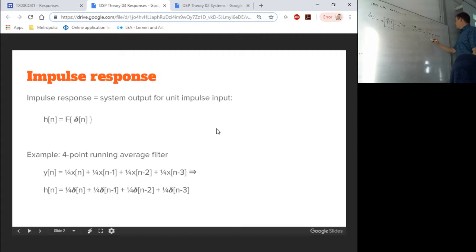And there is actually a, these are related. So, the transfer function of the system is the transform of the impulse response.